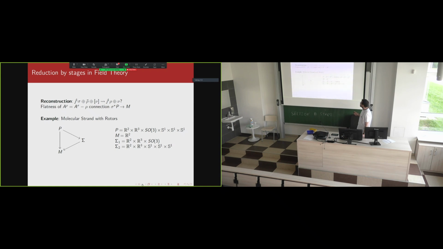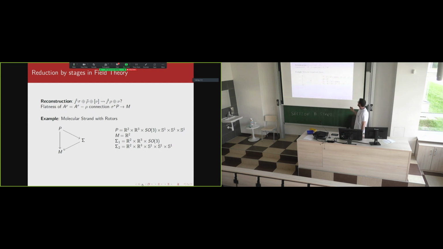I would like also to say something about what this reduction by stages is. So in the article we have on field theory, we have shown an example which is based on an example of mechanics, which is the rigid rotor, the rigid body with rotors. So we have a rigid body whose configuration space is SO(3), and then we have 3 rotors in the principal axes of inertia. So we have in our configuration space also S1, S1, and S1.